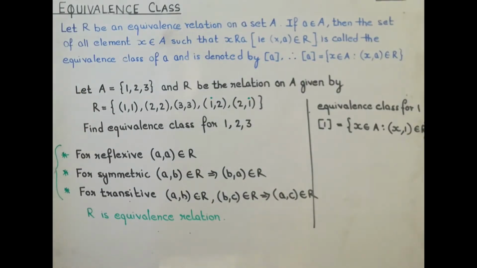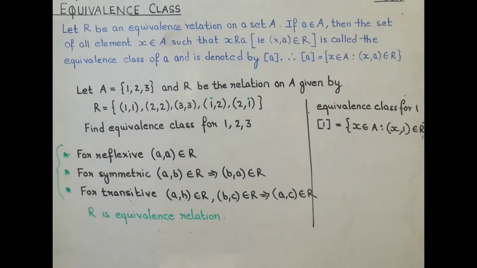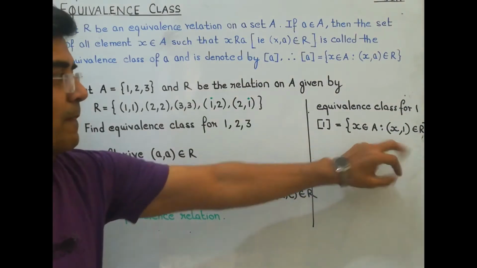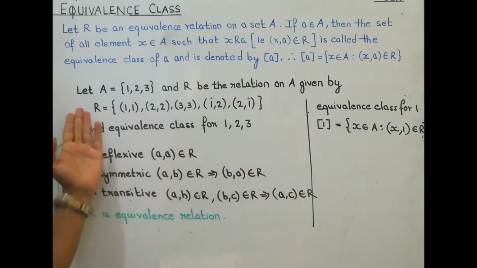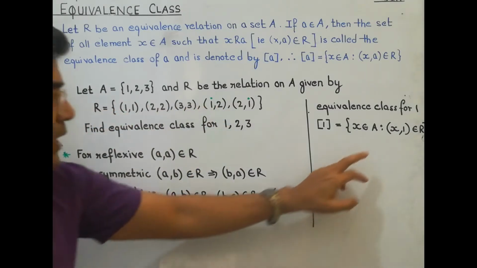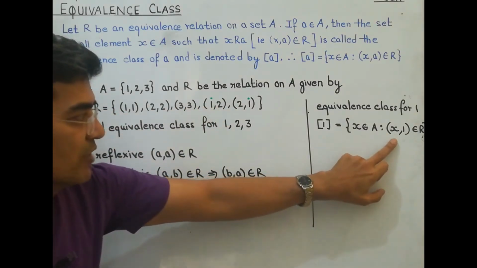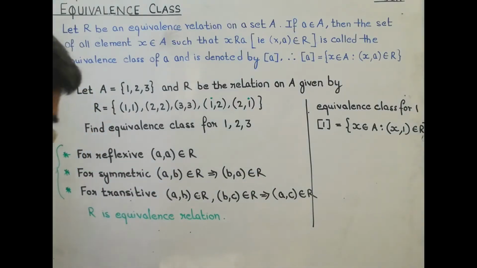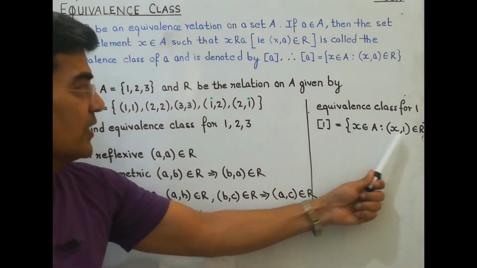Just check it. That means from this relation you have to pick out all the ordered pairs in which the second element is 1. We will just find out all the ordered pairs in which the second element is 1.